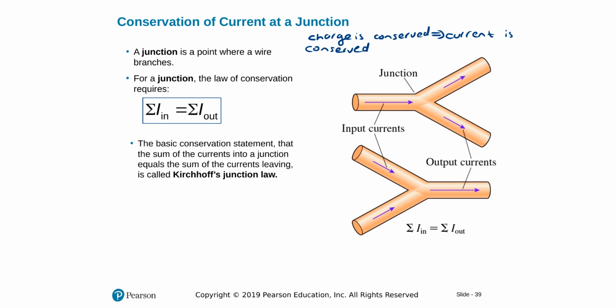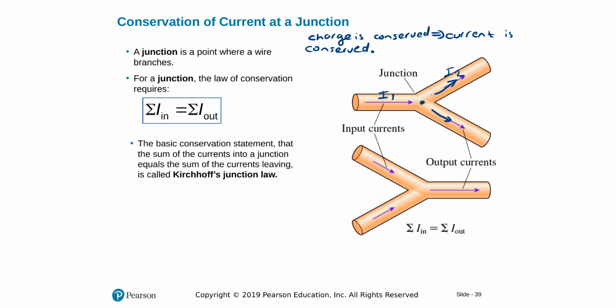This brings us to something we call the junction rule. If the current is conserved and my current enters into a junction similar to this figure over here, it will be divided into 2, 3 or 4 depending on what type of junction it's going into. And since the current is conserved, the in current, let's call this I1, should always be equal to the out current.